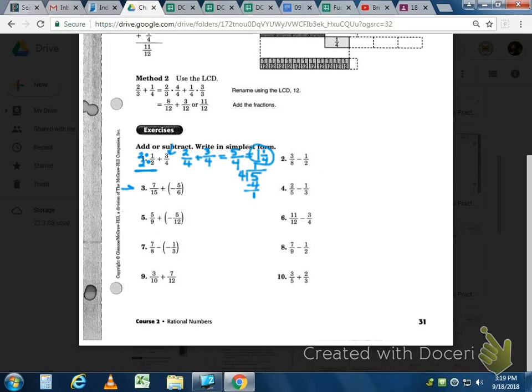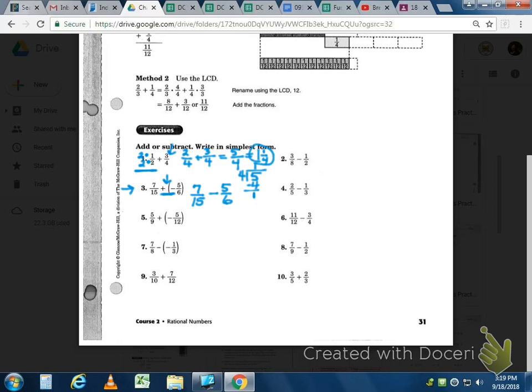Looking on to number 3, 7/15 plus -5/6. I see double signs right in the middle. We don't deal with those. So I have to rewrite this problem: 7/15, since these are different signs, we make it minus 5/6.